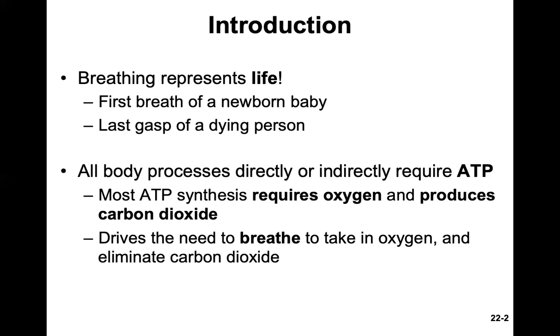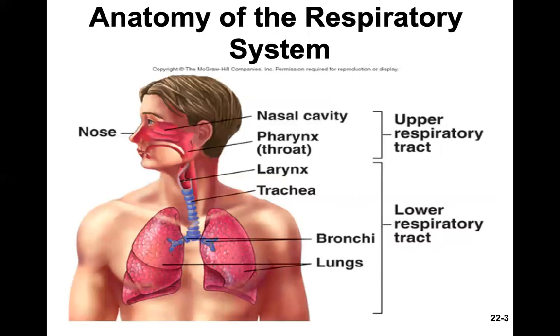But that's basically why we breathe on a cellular level. The need to breathe is driven by your need for oxygen and your body's need to get rid of carbon dioxide. So this is what your respiratory system looks like.